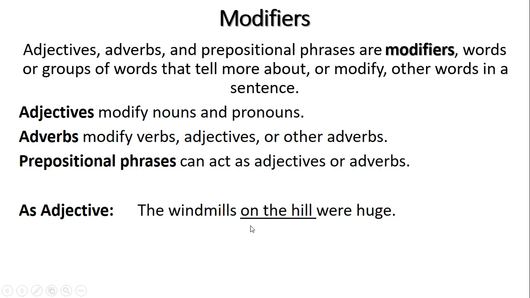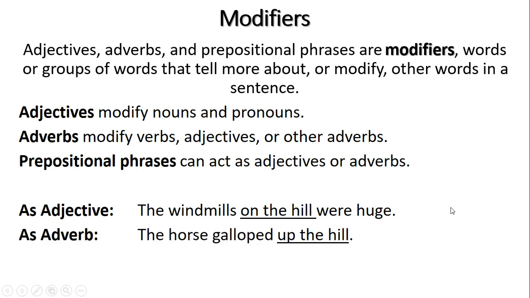No, that doesn't sound right. Or are the windmills on the hill? Yeah, the windmills are on the hill. So in this case, the words on the hill are a prepositional phrase, and it's being used as an adjective because it's describing the windmills. Okay, so if you have a prepositional phrase that's describing a noun, and windmills are nouns, then it'd be used as an adjective.